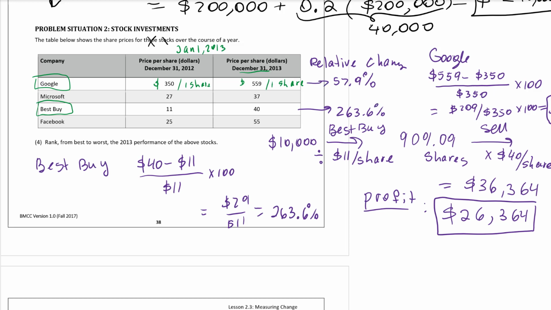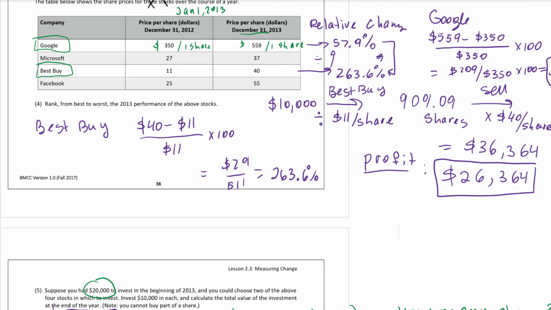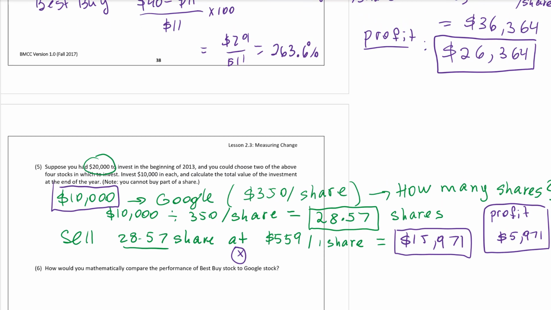Whoa, this is so much better. If you compare this relative change to that relative change, if you divide them to compare, I'm going to divide a larger number by a smaller number to see how many times better it is. 263.6 divided by 57.9 is 4.55 times as much. So how would you mathematically compare?